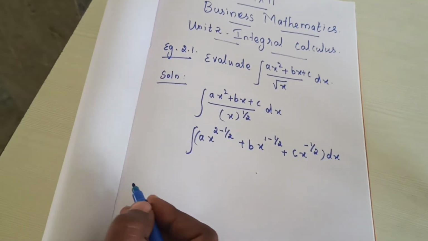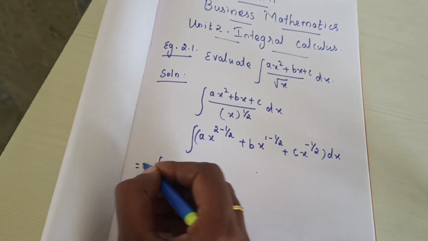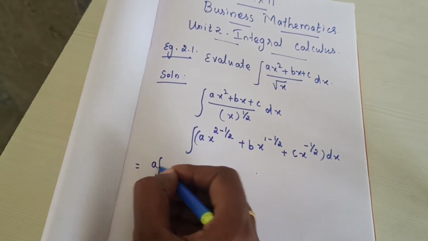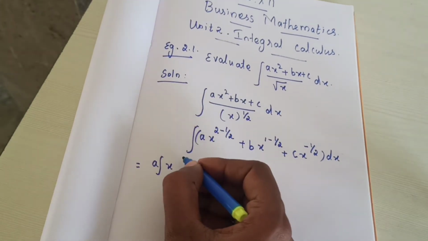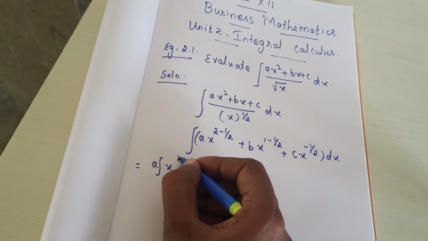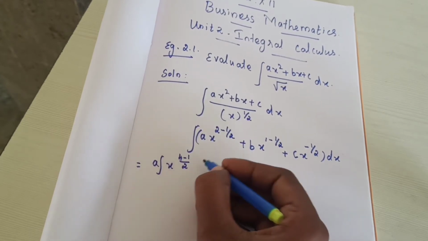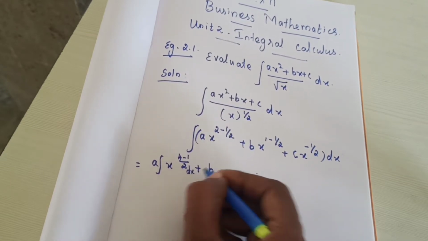Now we are going to separate each and every term. Integral, we will take the constant outside. So a into x power, what's the LCM here? 2 is the LCM, so 2 into 2 means 4, 4 minus 1 by 2, plus b you take outside into dx. We are splitting.